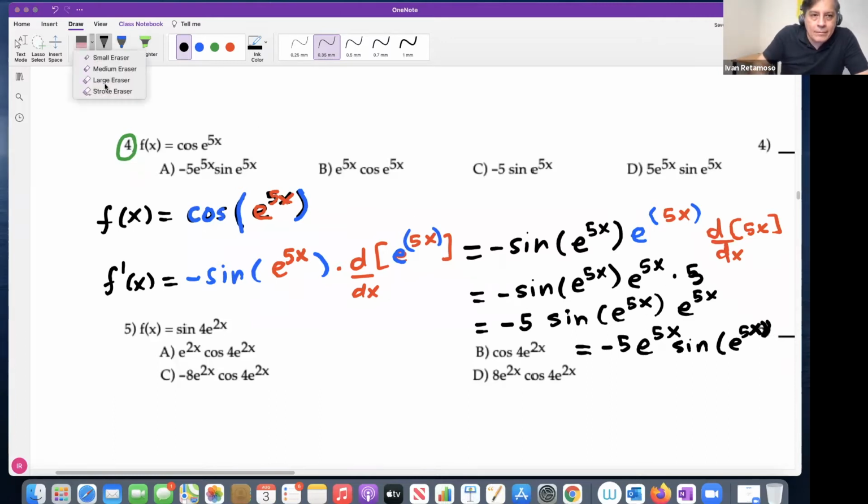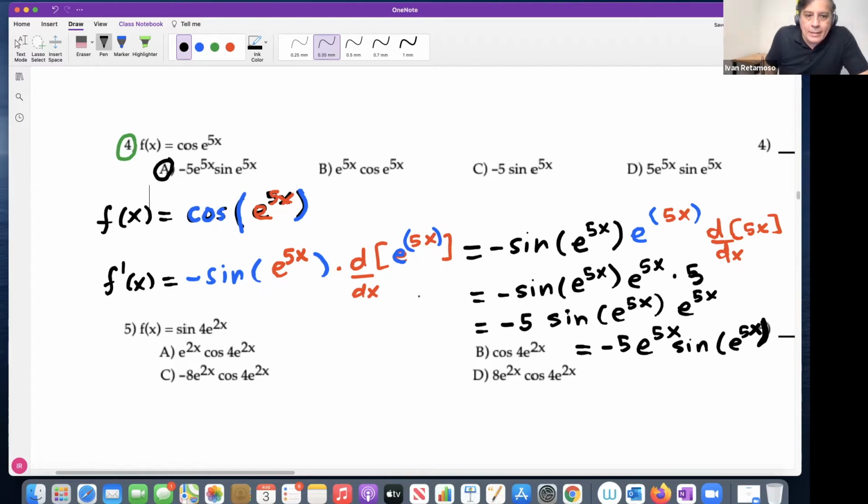And that's it. And the answer, therefore, if you look through on number 4, is the first one: this -5 e raised to 5x times sine of this. Notice they have dropped the parentheses because they are no longer needed, right?